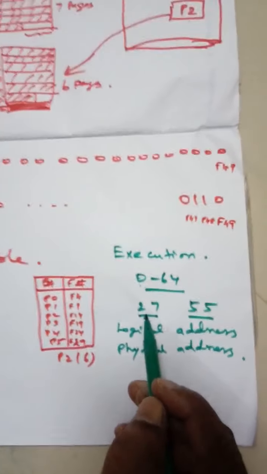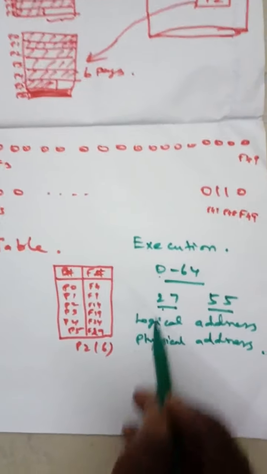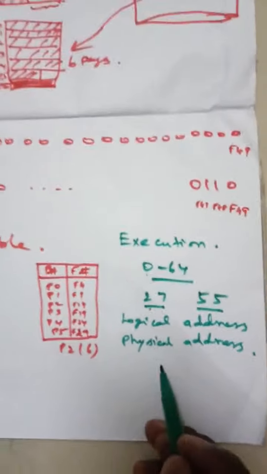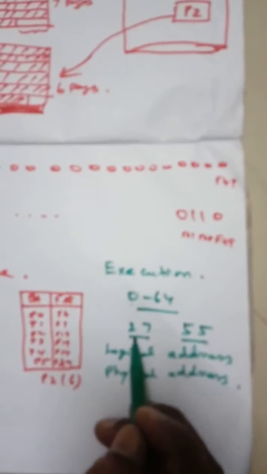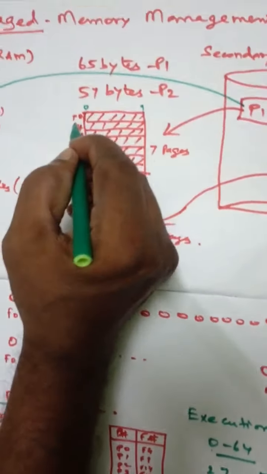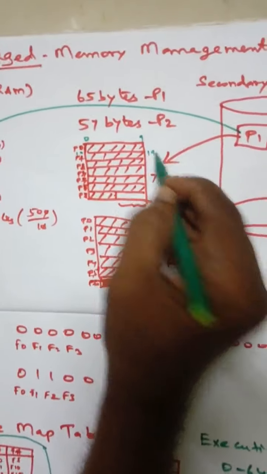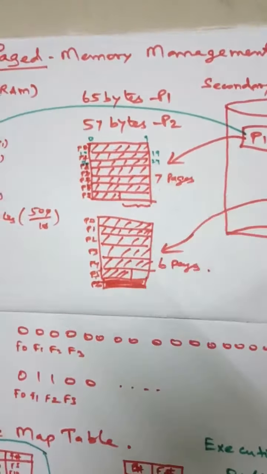So for program 1, the first logical address is 27. This must be converted to a physical address. Now we are going to discuss how it will be converted. The address 27 occupies the third page, because 0 to 9 is the first page, 10 to 19 the second page, 20 to 29 the third page.